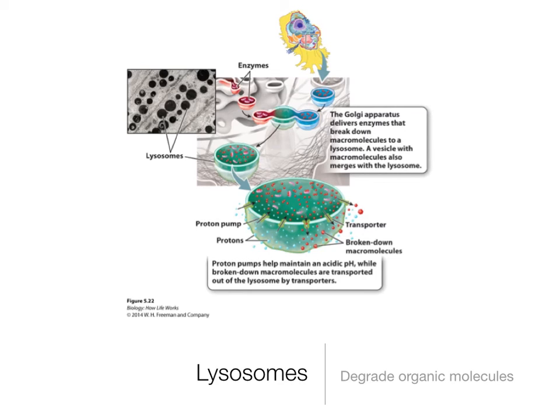In addition, in the lysosome, there are proton pumps that will attract a lot of protons, and we all know that protons provide acidity, so it will keep an internal environment that is extremely acidic, so it will help with the degradation of macromolecules that have been internalized during the endocytic process.